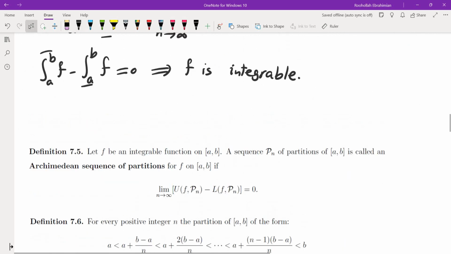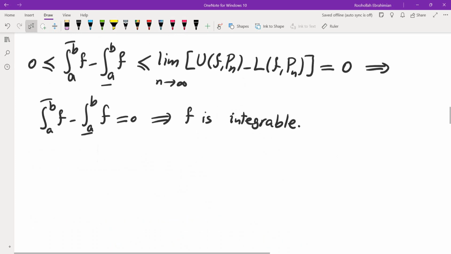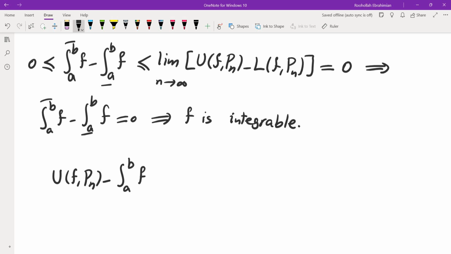So I would need to prove the upper sum approaches the integral. First of all, this is greater than or equal to 0 because the upper integral is the same as the integral.